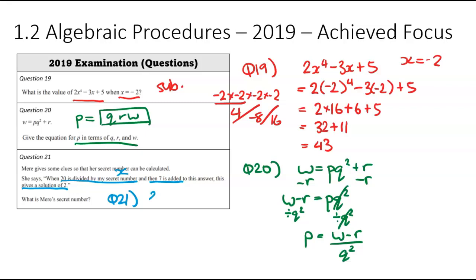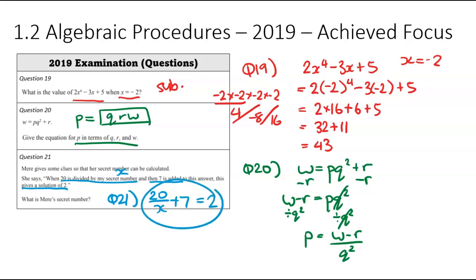So what that means is 20 is divided by the secret number, so 20 over X. After that, we've got 7 being added, so we're going to go plus 7, and this solution is 2, which means it'll be equal to 2.